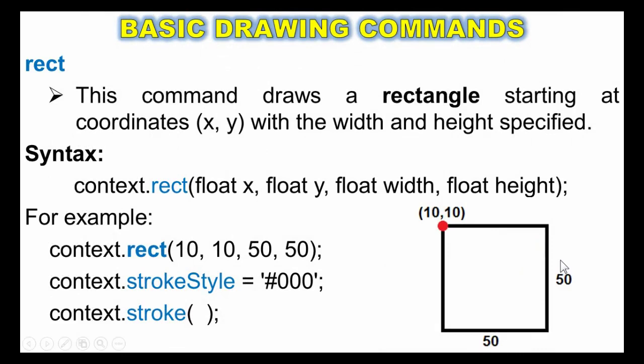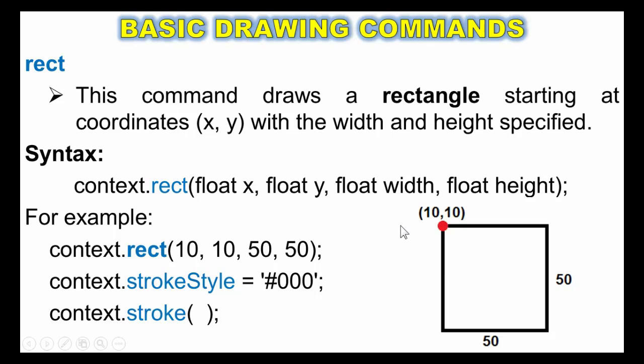The rect command draws a rectangle starting at coordinates x, y with the width and height specified. The syntax, context.rect, followed by the coordinates x and y, and then followed by the width and then the height. With this rect command, you specify a stroke only. The strokeRect command that we learned previously, you specify the stroke only.